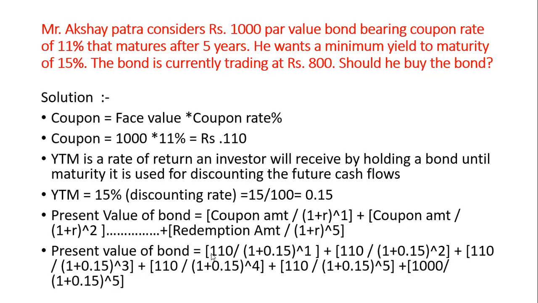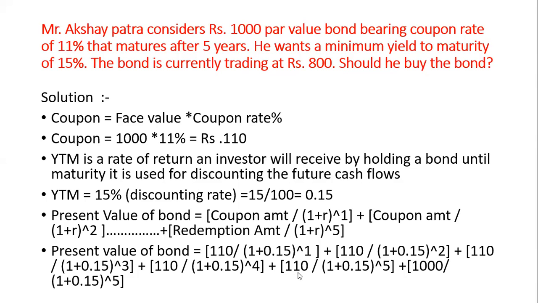So present value of bond: 110 is the future value, which you discount with 1 plus 0.15 raised to 1, plus 110 over 1 plus 0.15 raised to 2, plus third year inflow 110 divided by 1 plus 0.15 raised to 3, plus fourth year future value 110 divided by 1 plus 0.15 raised to 4, plus 110 divided by 1 plus 0.15 raised to 5.